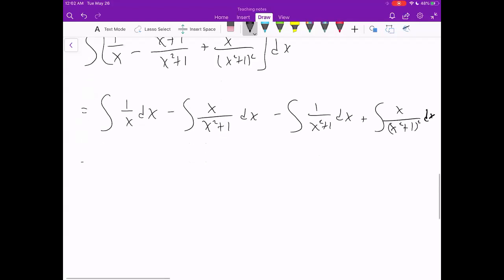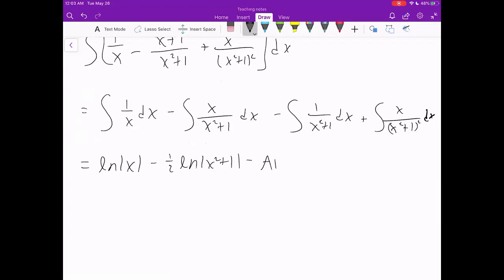So now each of these is doable. ln of the absolute value of x, this one we've done a couple times. This is ln of x squared plus 1. You can do that in your head, great. If not, you need to do a u substitution. This third one here is our arctan integral. a squared is 1, so a is 1.